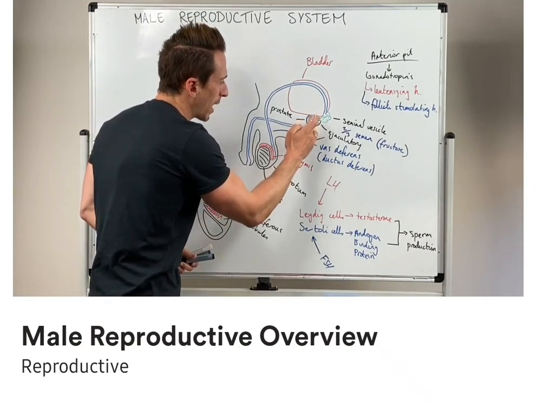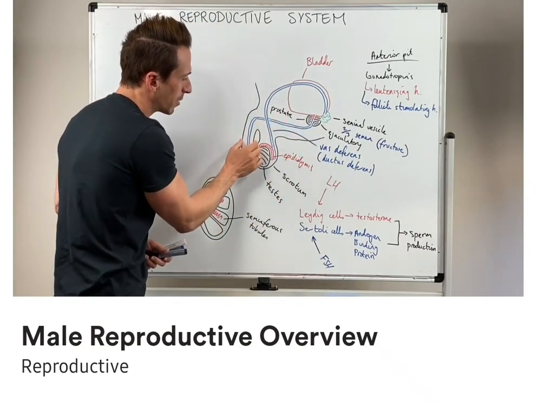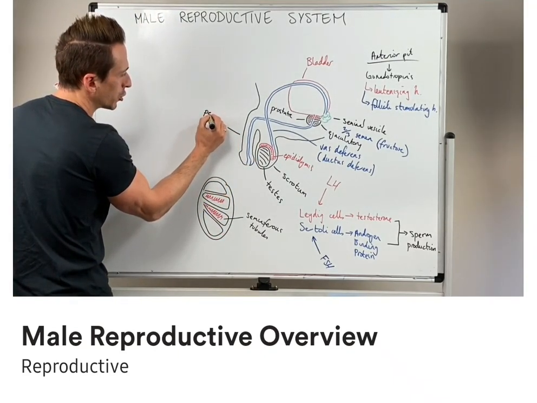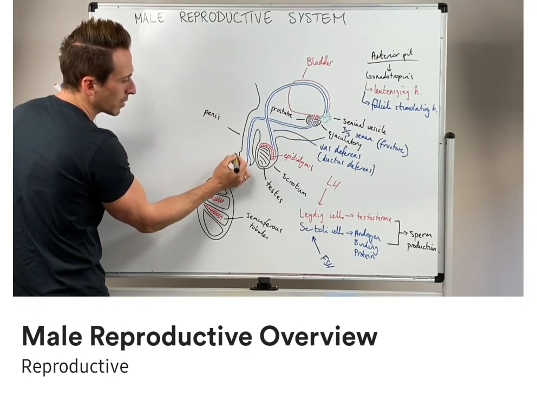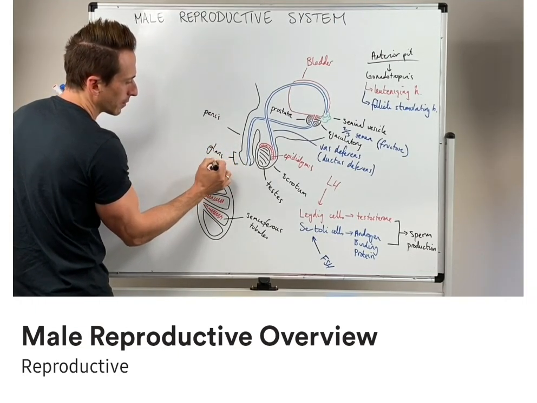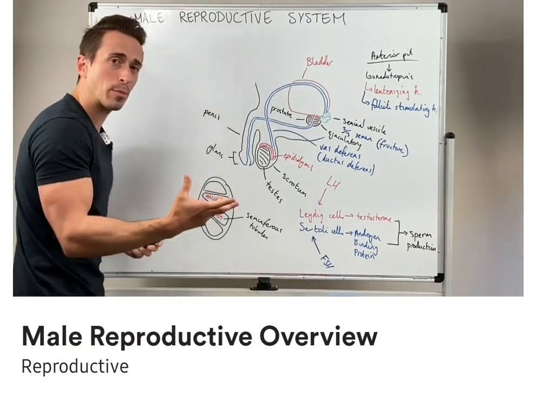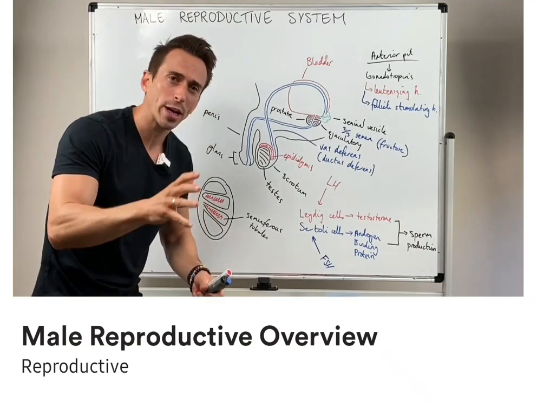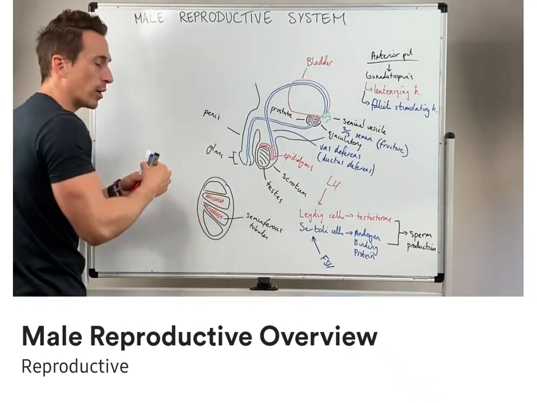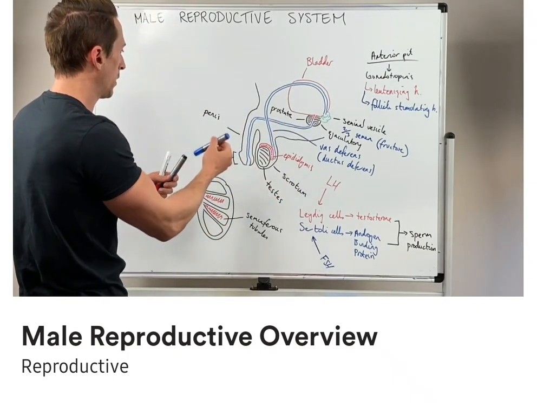Then from the prostate we have the urethra, and the urethra travels through the penis, and you can see the penis here. Now the penis is made up of spongiform tissue. At the very end of the penis we've got what's called the glans penis. Now, when it's time for erection and ejaculation, erection and ejaculation needs to occur in order to eject that sperm into the vagina of the female.